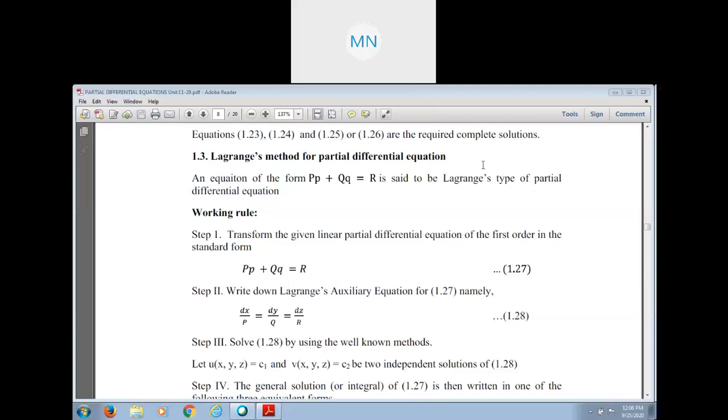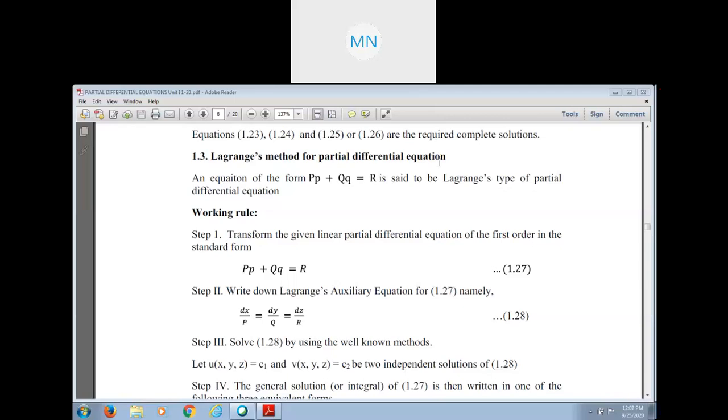Today we will discuss another particular method known as the Lagrange method. This was introduced by the mathematician Lagrange, so according to his name it is named the Lagrange method, and it is used to solve first order partial differential equations.